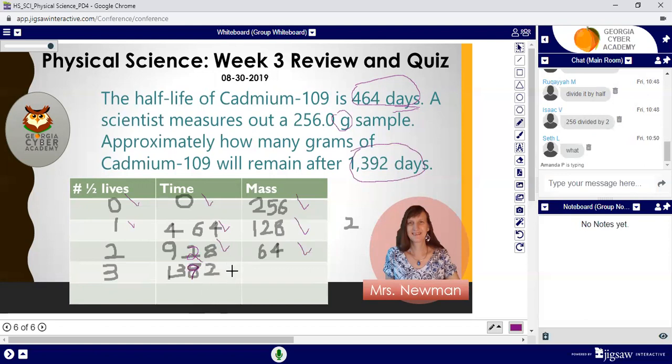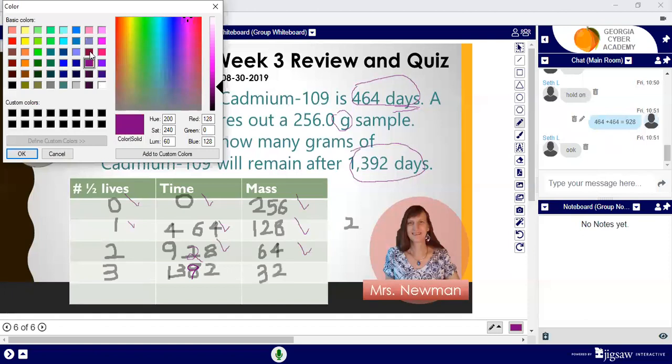And so that one's 1392. Okay, so that was just a calculator error there. And so we've gotten now to our target here.